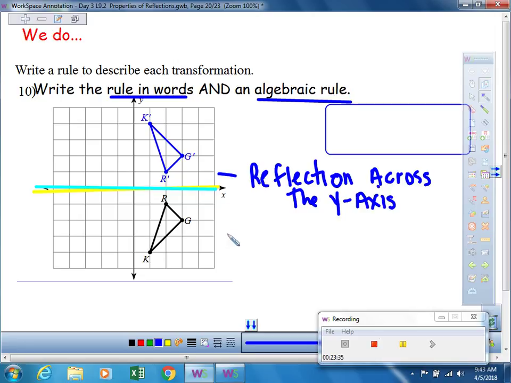And the algebraic would be which one stays the same? X. Oh, this is x-axis. Sorry, I wrote the wrong one. There. X, negative y. All right?